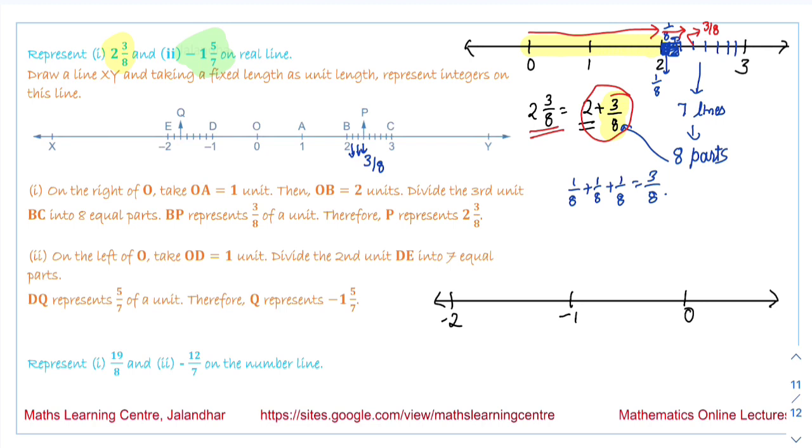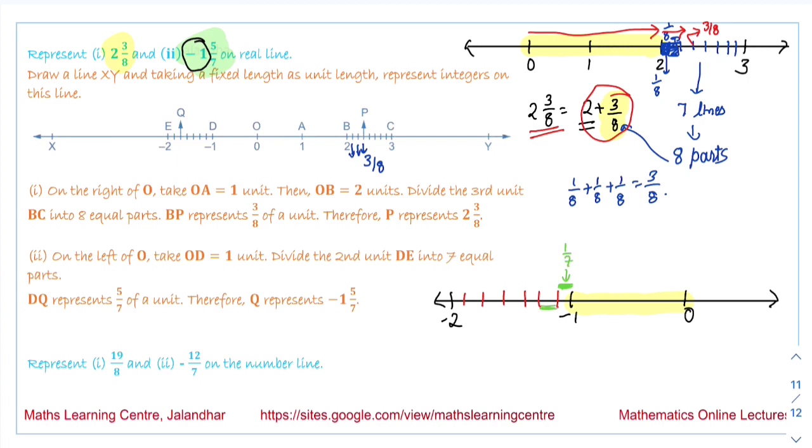So how much distance have we moved over here? It is minus 1 we have already moved. After that we have to divide it in 7 parts. To divide the interval in 7 parts means we have to draw 6 lines over here. Now this first distance will represent a distance 1 by 7.